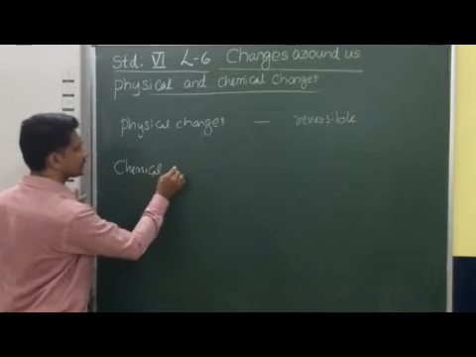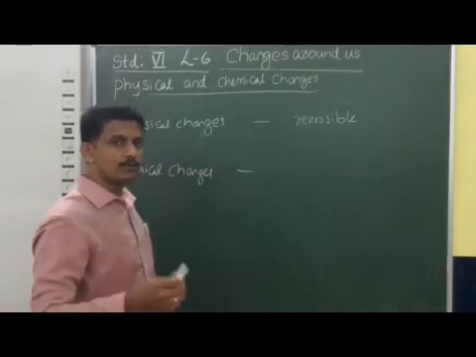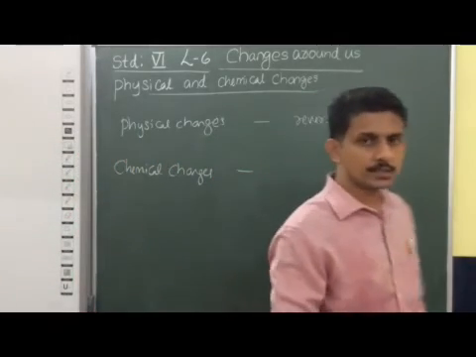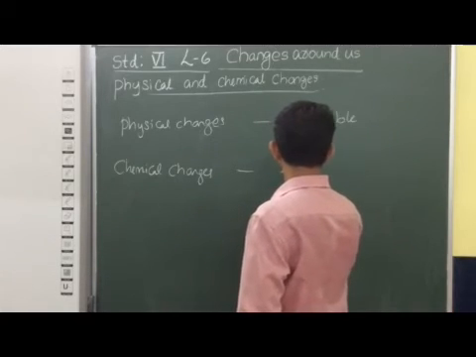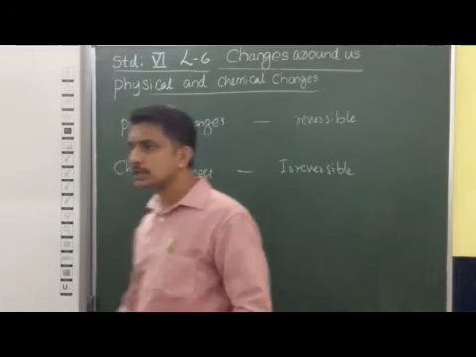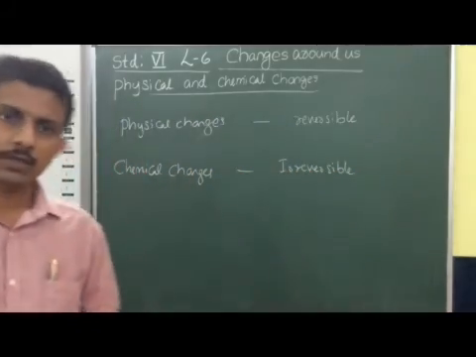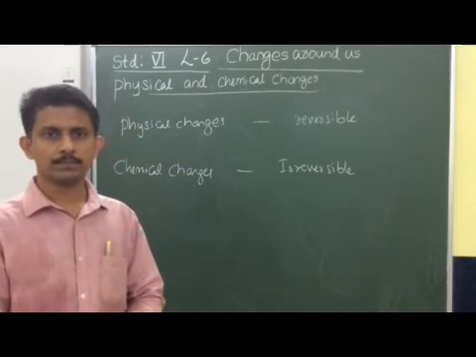These types of changes are known as chemical changes. And chemical changes are irreversible changes. So physical changes are reversible changes only and chemical changes are irreversible changes only. Okay.